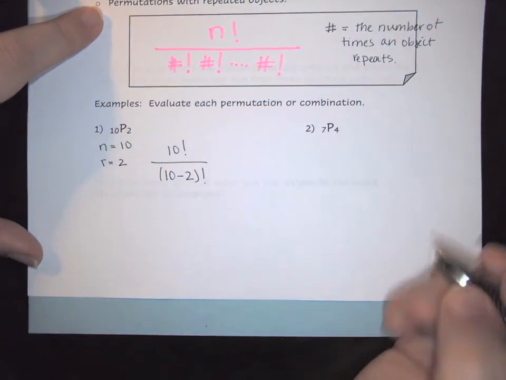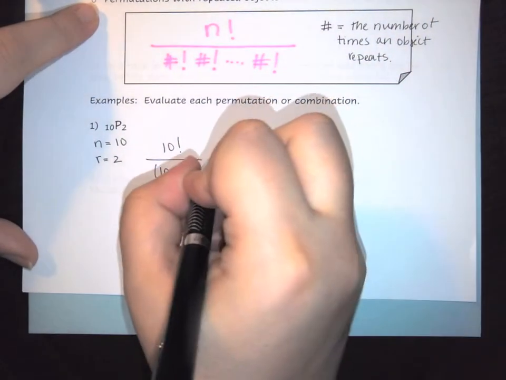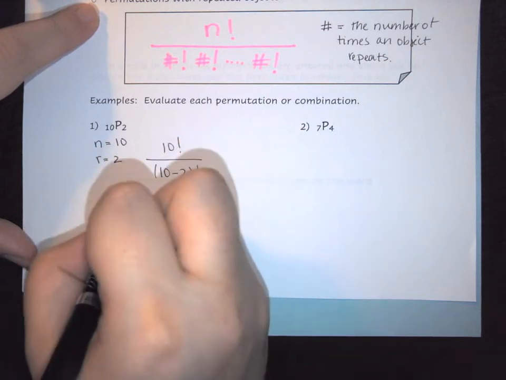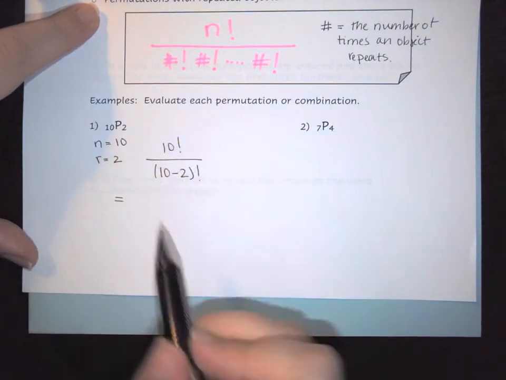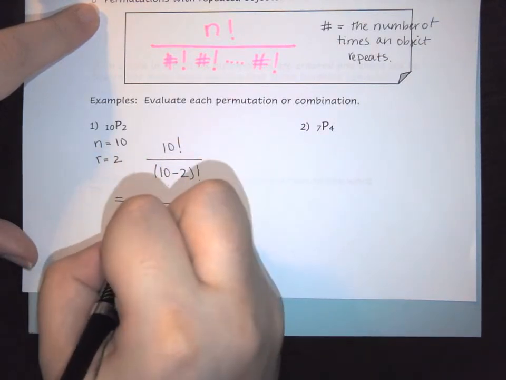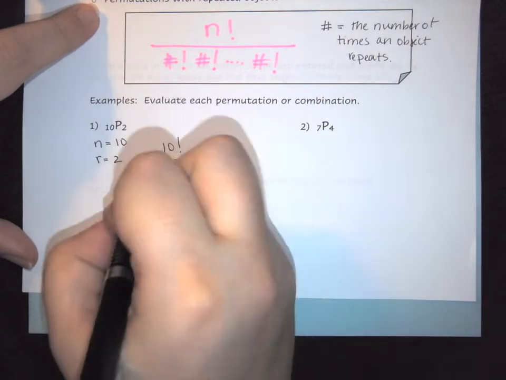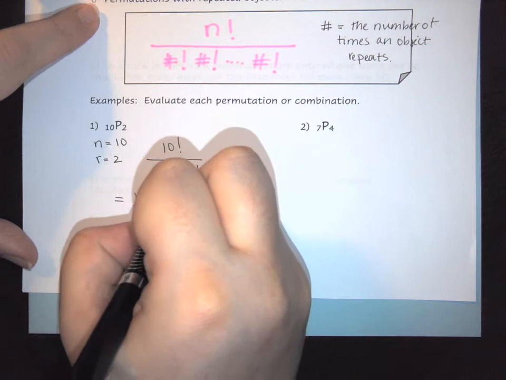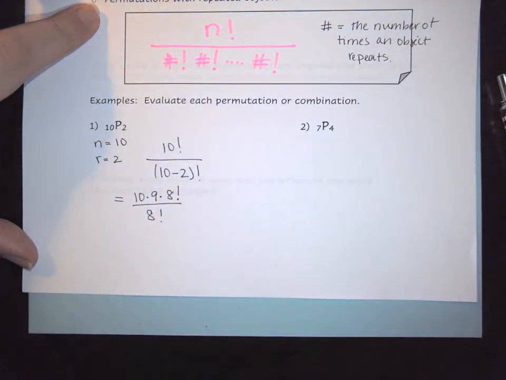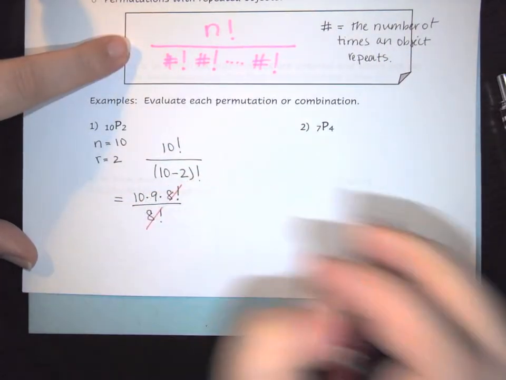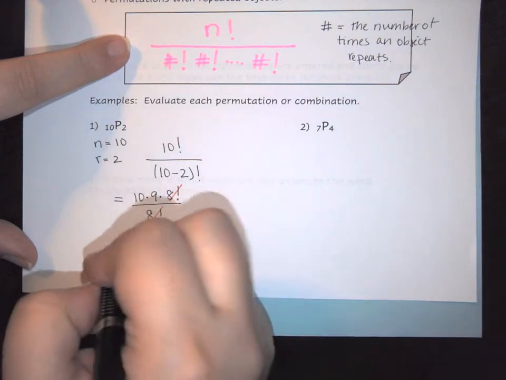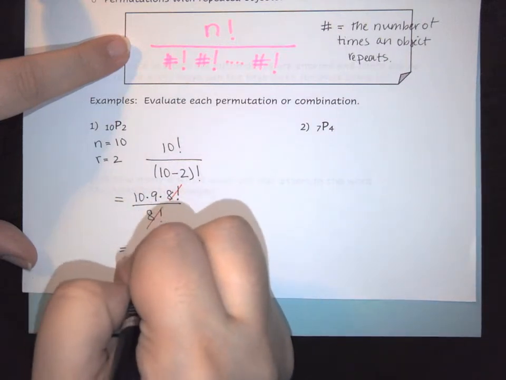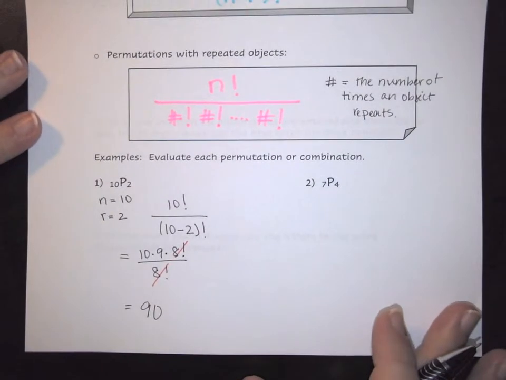If I were to simplify that down, I know 10 minus 2 is 8, so my bottom is 8 factorial. My top would be 10 times 9 times the 8 factorial. In this case, my 8 factorials would cross out and would leave me with 90 as a result.